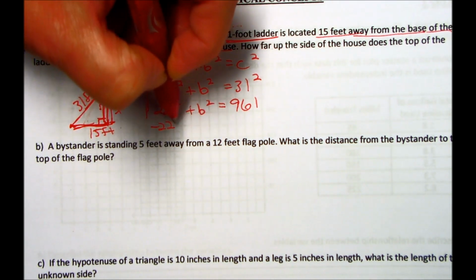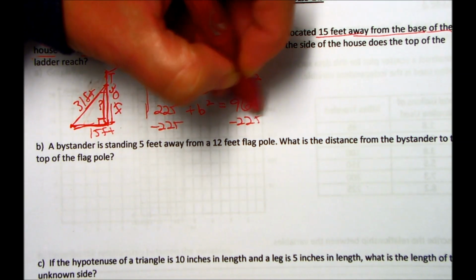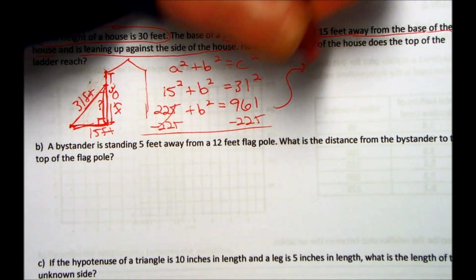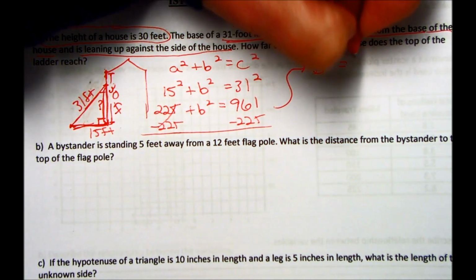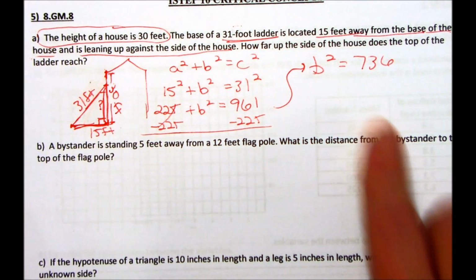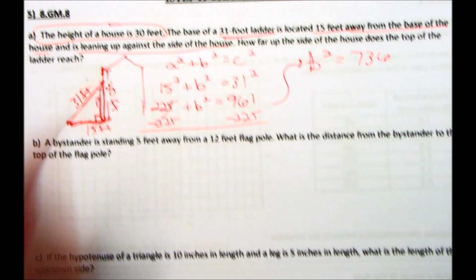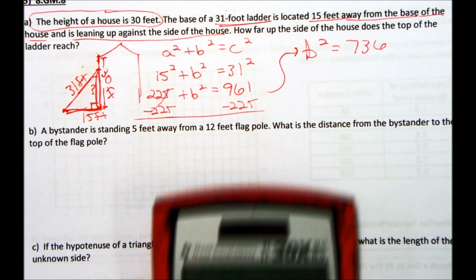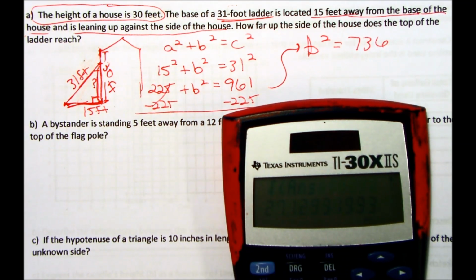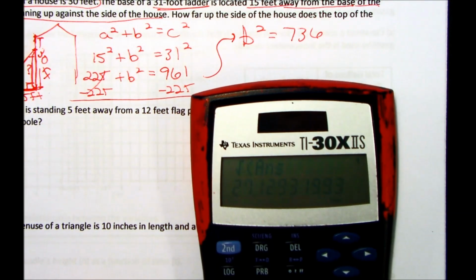Then I'm going to solve by subtracting 225 from 961, which gives me 736, which may be a perfect square. It may not. So let me try taking the square root of that, and it gives me 27.129.